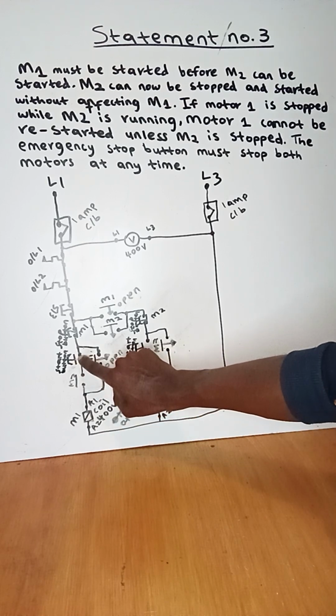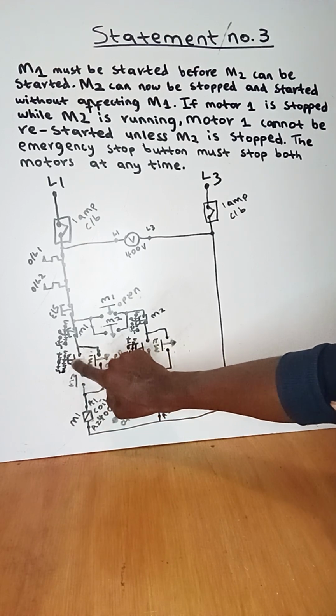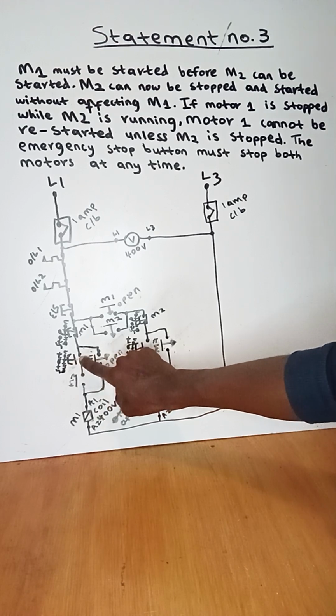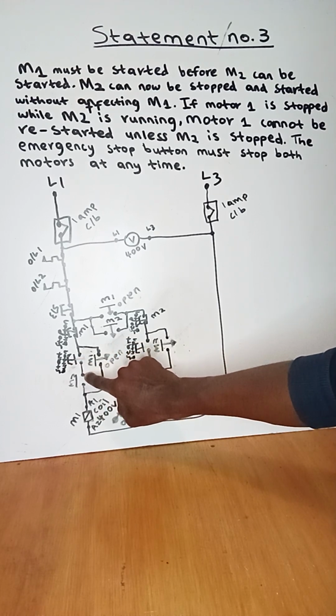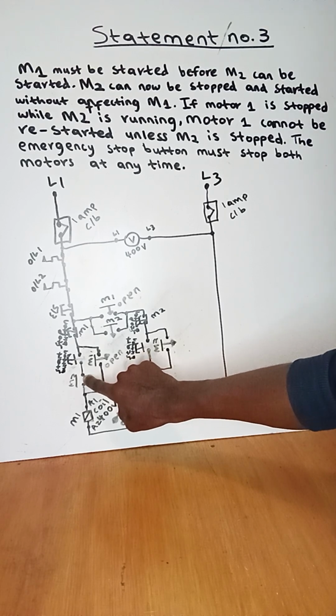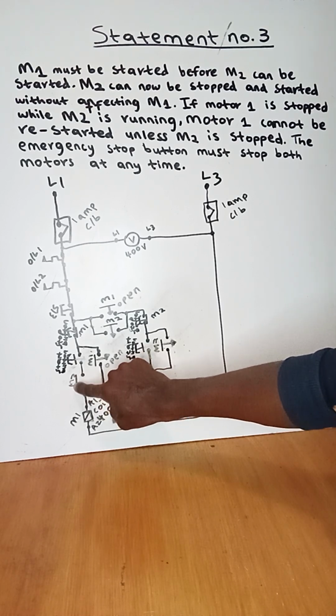When the current is trapped before the start button, it allows us to press the start button. I press the start button, current flows and is trapped before the normally open contact of motor 2.